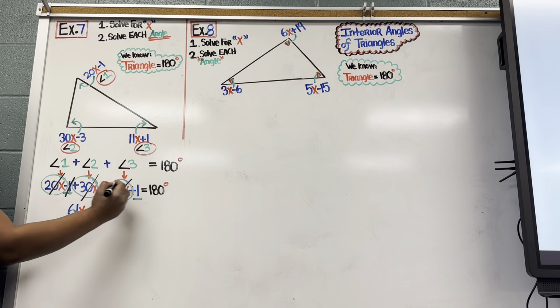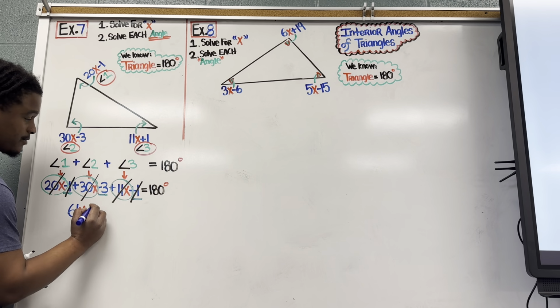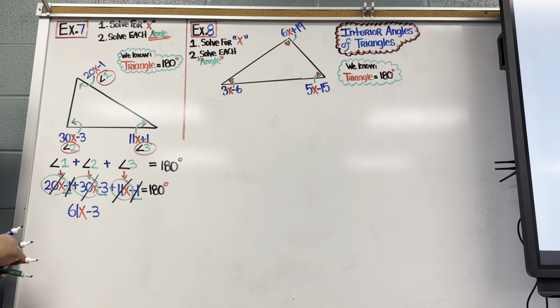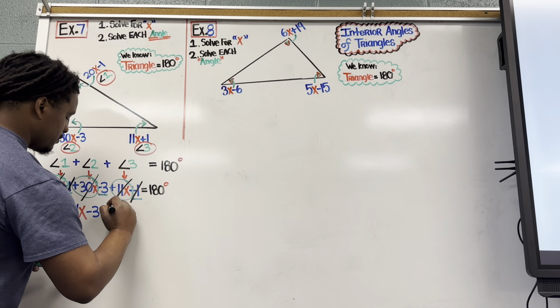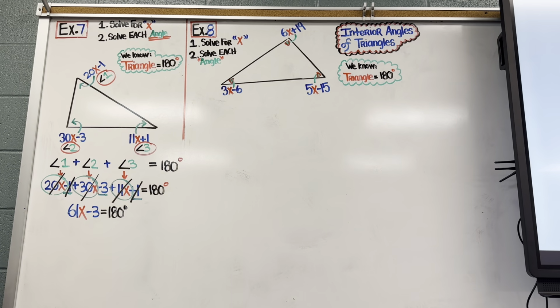Negative 1 and positive 1 cancel out, so we just have minus 3, equals 180 degrees.